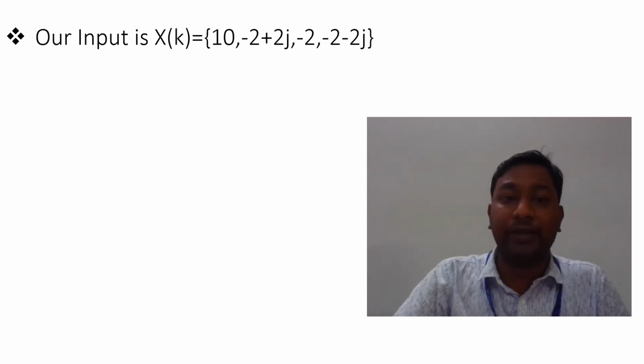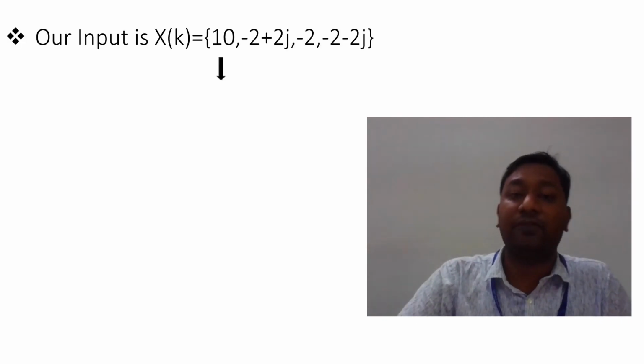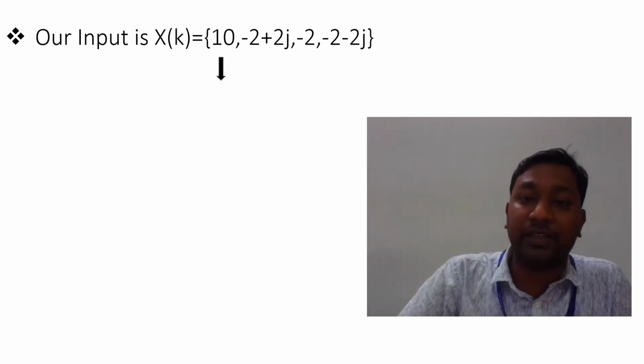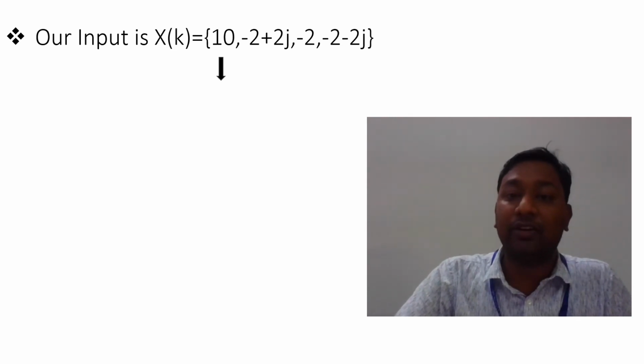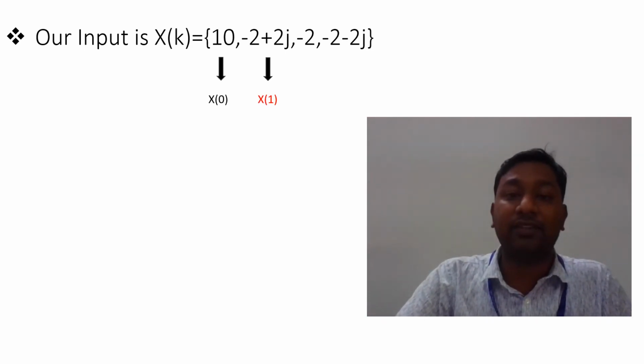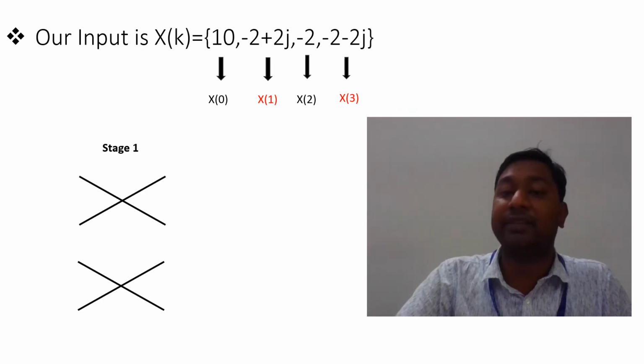Now in stage 1, our input x of k is 10, minus 2 plus 2j, minus 2, minus 2 minus 2j. Here two values are complex: one is minus 2 plus 2j, another one is minus 2 minus 2j. So we will write these in complex conjugate form in the input order: x of 0, x of 1, x of 2 and x of 3.